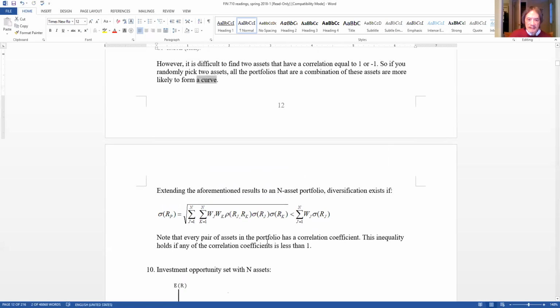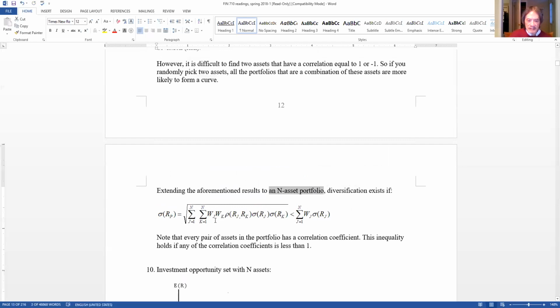Now, let's extend the arguments up to this point to an n asset portfolio. Now remember, the standard deviation of the portfolio is equal to this equation here. Inside this square root is the variance, right?